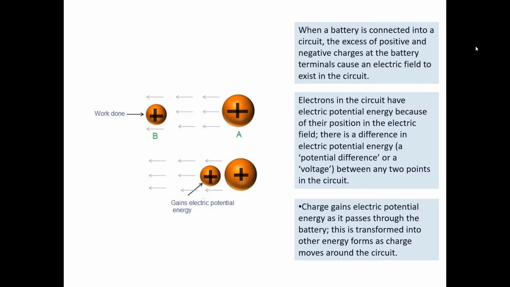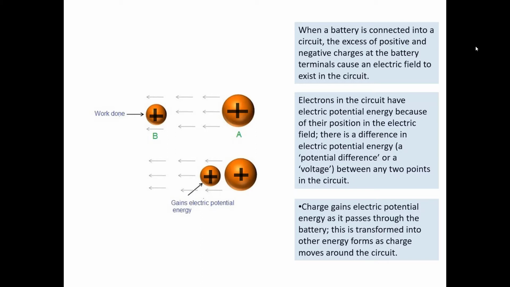You need to put some work in. It's like if you imagine two magnets, you've got two south poles. Naturally they will repel, but you need to put some energy in to make them closer together. In this case, you need to put energy into particle B to move closer to particle A, because naturally they will repel, so you need to put energy in to move it closer.